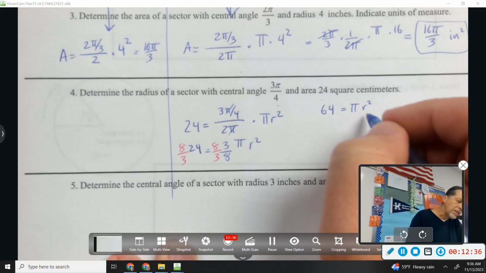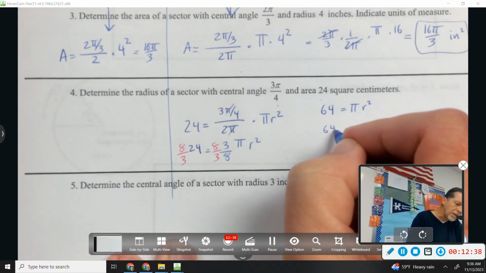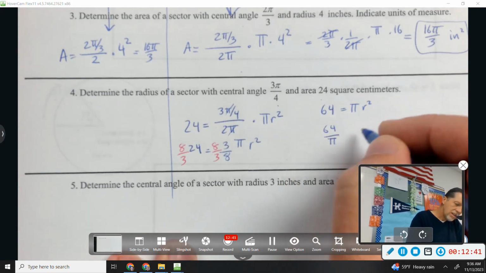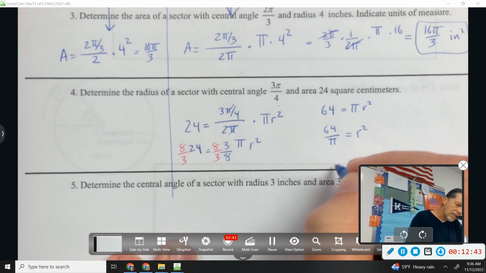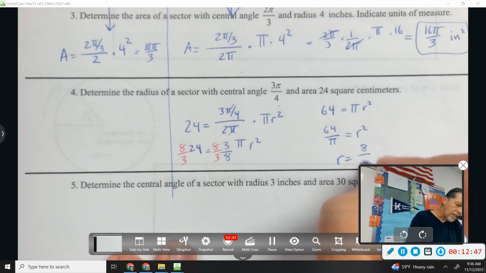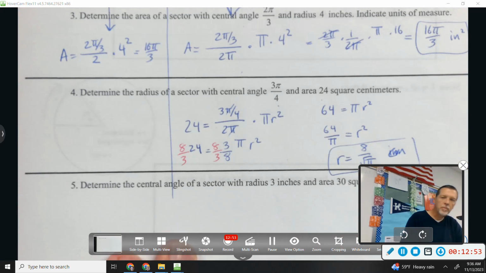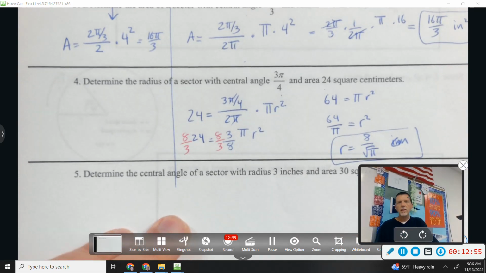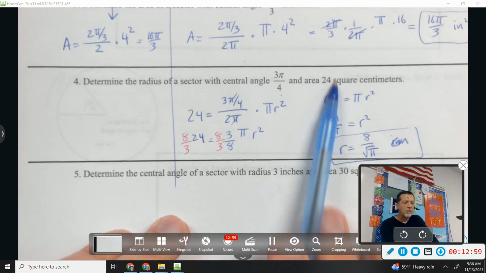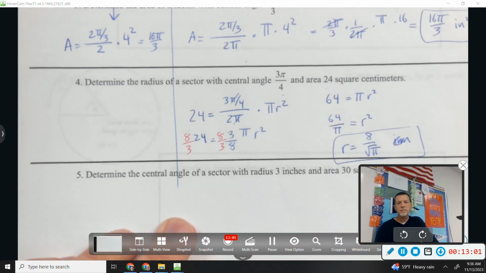That's a convenient number for what we're about to do. Square root both sides. So 8 over the square root of pi. Oops, centimeters, not inches. I wonder if that area was supposed to have a pi in it. It would have made this a little easier.